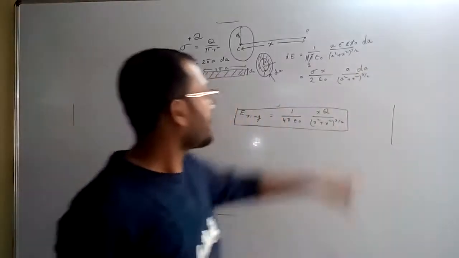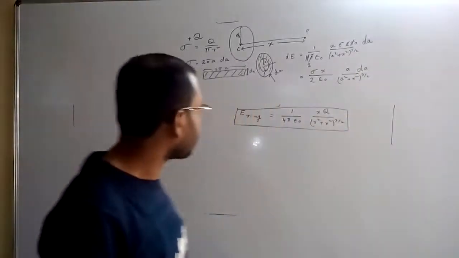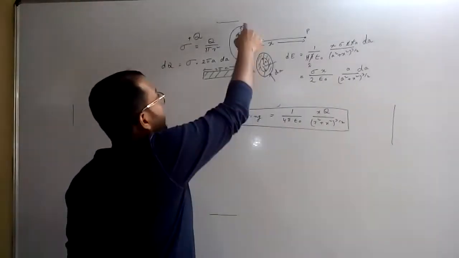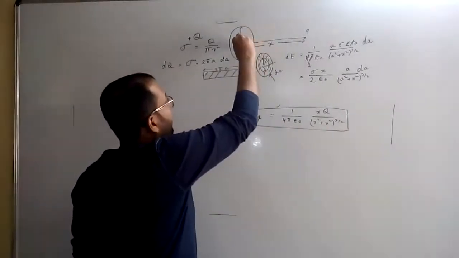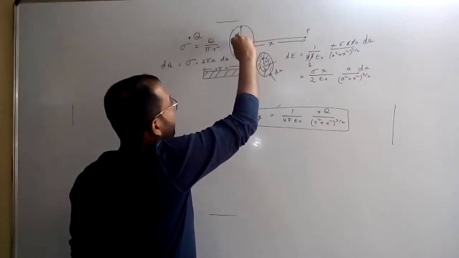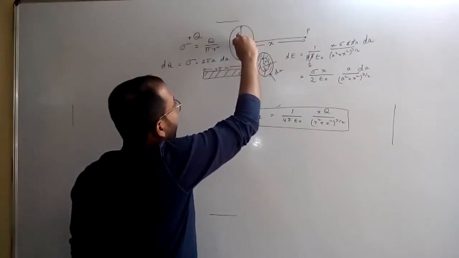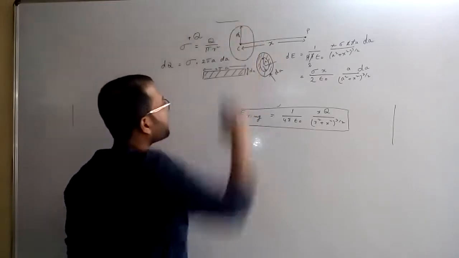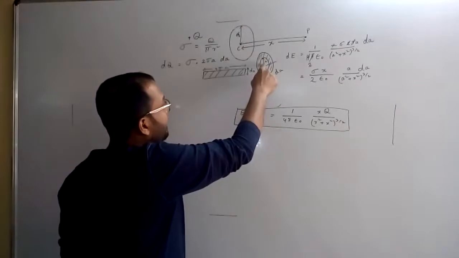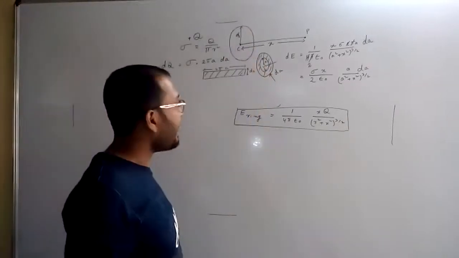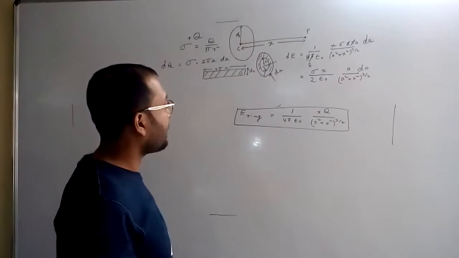A squared plus x squared to the power of 3 by 2 is not a constant. Why isn't it a constant? Well, because I am imagining that the disk is made up of many infinitesimally thin concentric rings which start out over at the center and eventually take up the entire space and end here at the edge. A of course varies. A starts from 0 and goes up to r. A changes from 0 to r.